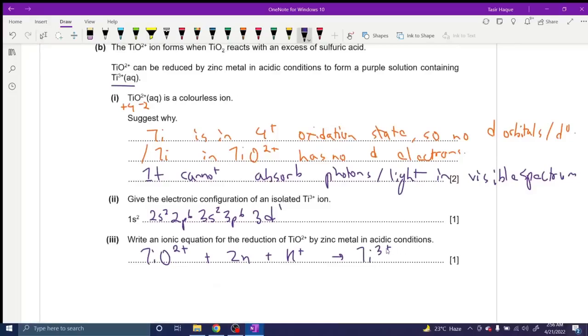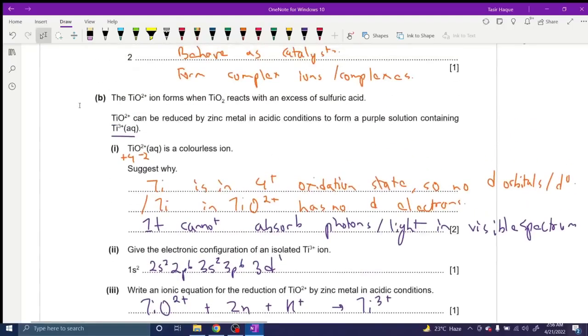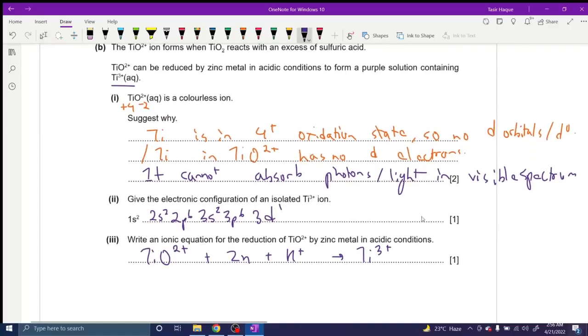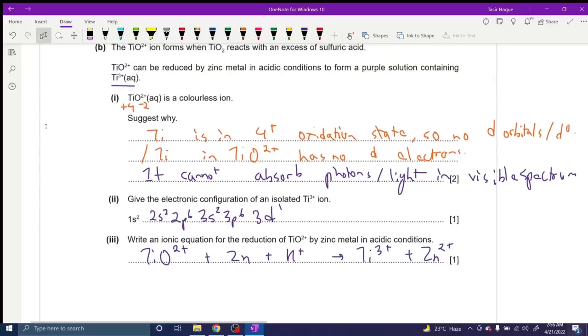And the thing is, guys, zinc is reducing TiO2+. So zinc is going to be oxidized itself in the process, right? And zinc only has an oxidation state of 2+. Remember that. It has no other oxidation state, okay? You don't have the data booklet, so you need to remember a few things, okay? And to balance the H+ and the oxygen, we obviously need water, right?